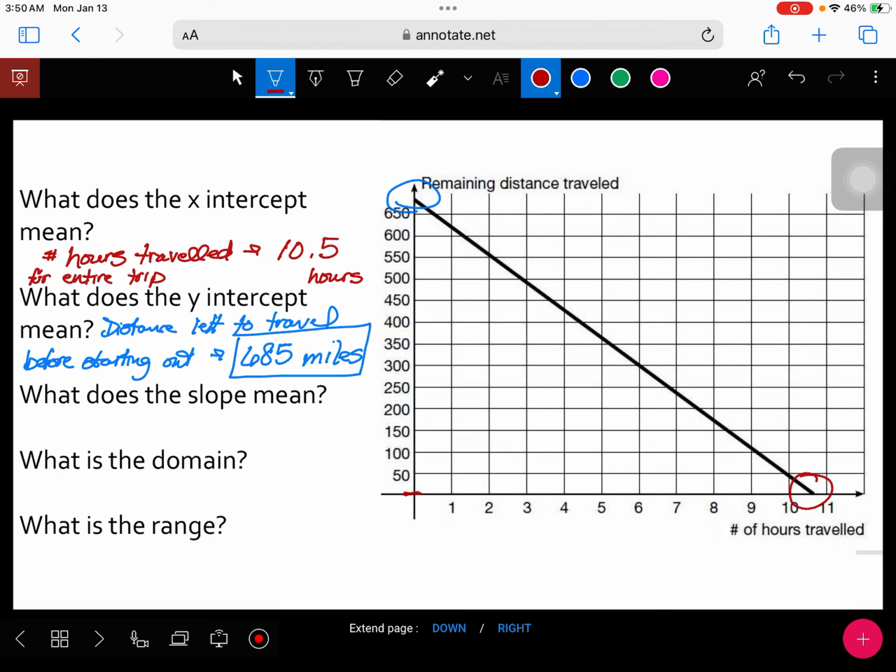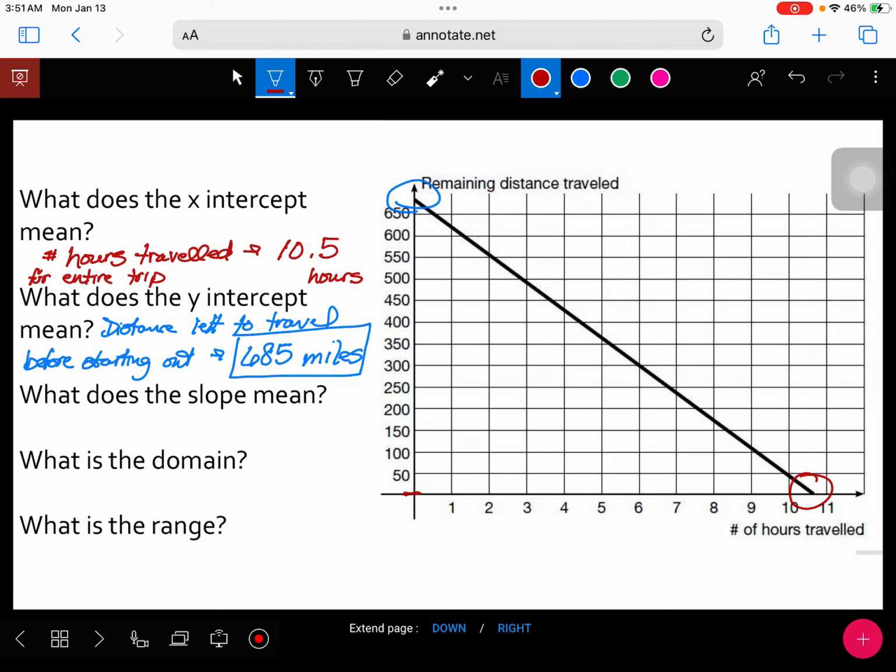Okay. What does the slope mean? The slope here means that they traveled the same amount each time.